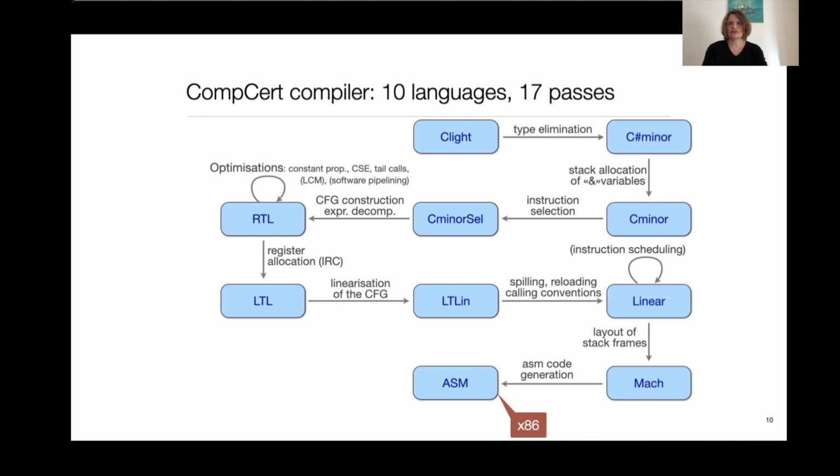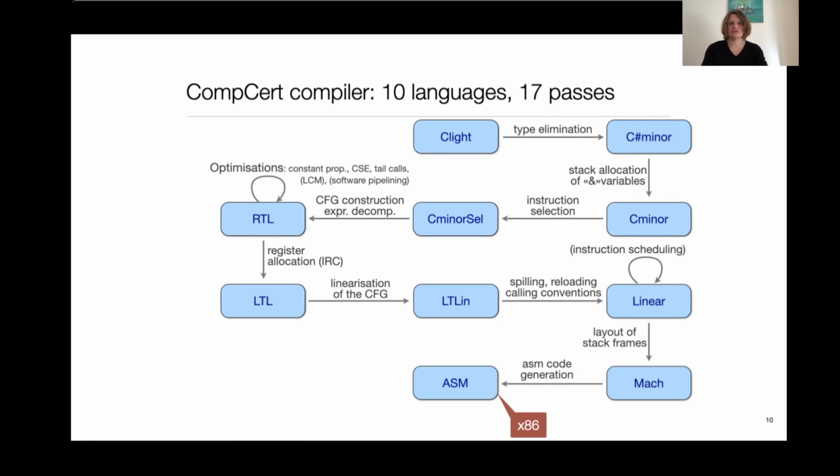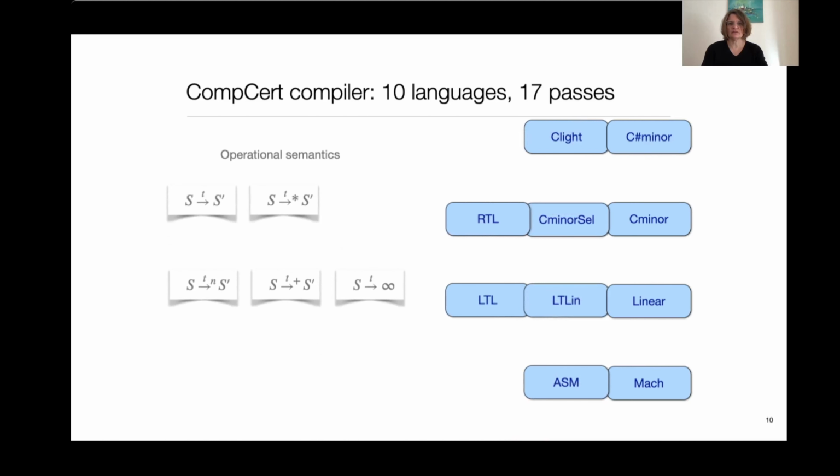So let's look more closely at existing proofs. Each correctness theorem is a semantic preservation theorem. This means that for each language of the compiler, there is a semantics defining this language. Each language is given an operational semantics that models a small step transition from a state to another state by emitting a trace of external events.